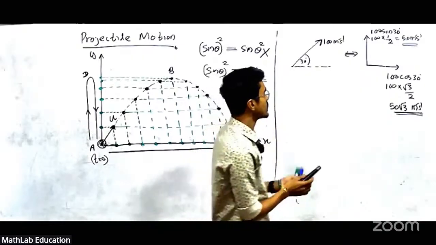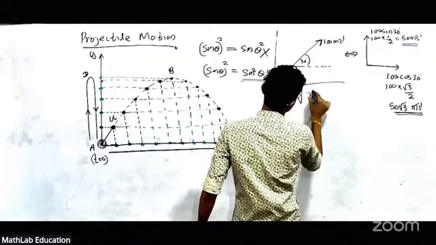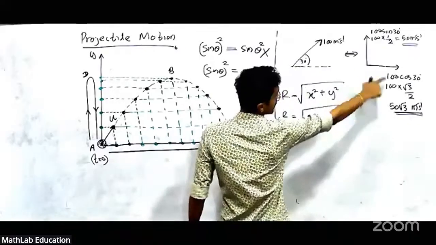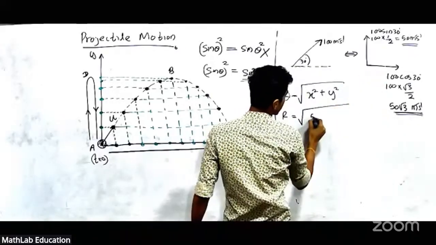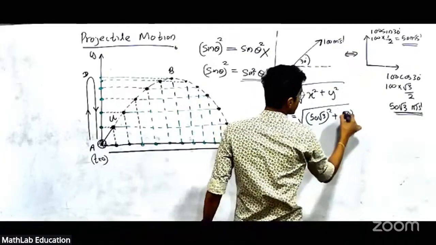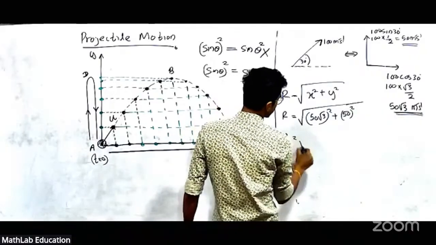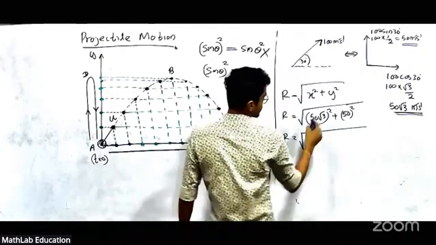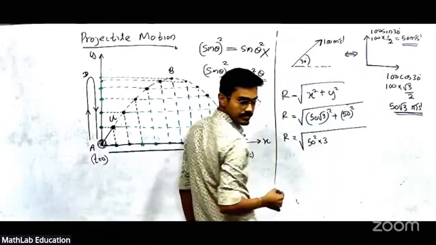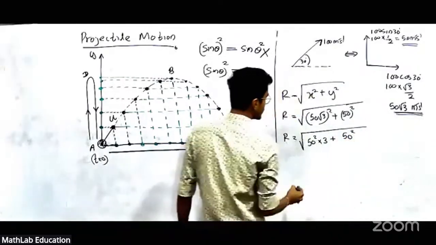Clear? Now, if I need to get the resultant back, resultant is given by root of x squared plus y squared. So the resultant is root of x, which is 50 root 3 squared, plus y, which is 50 squared. So R equals root of 50 squared times root 3 squared, which is 3, plus 50 squared.